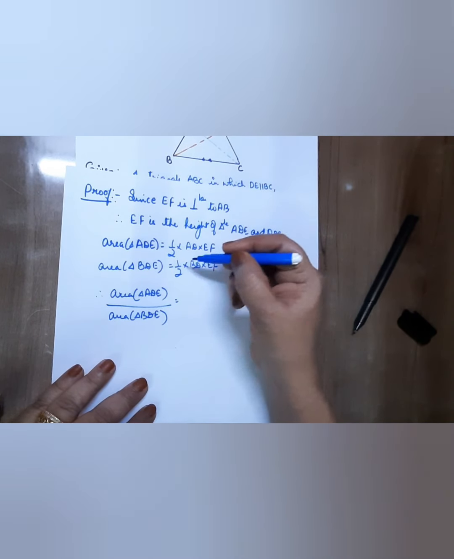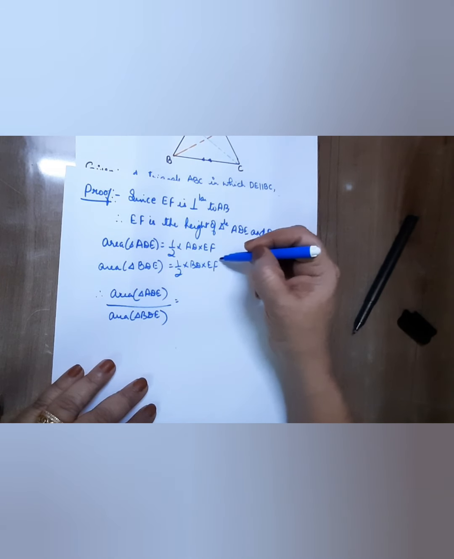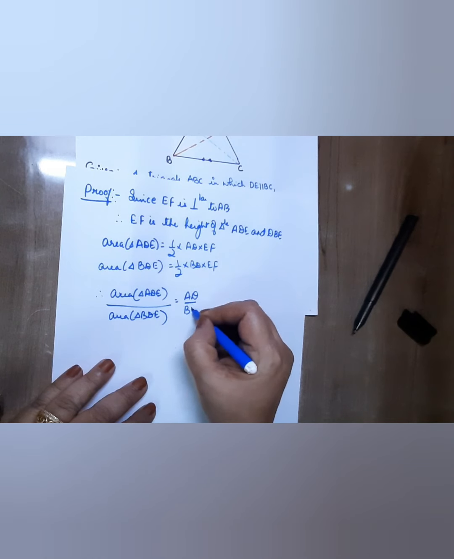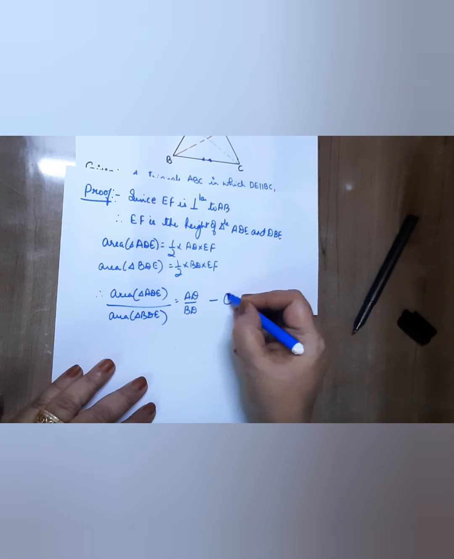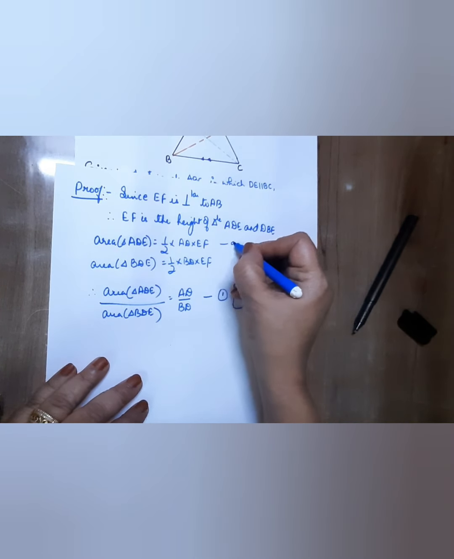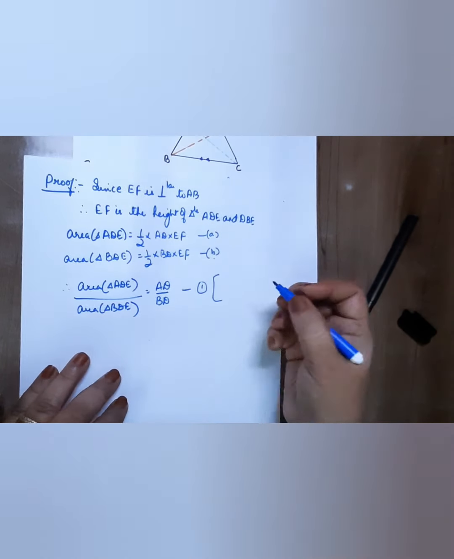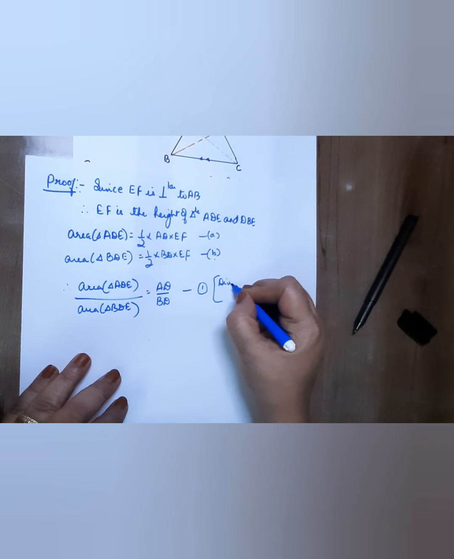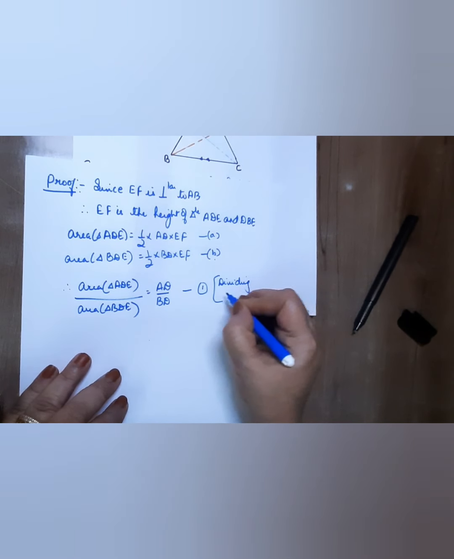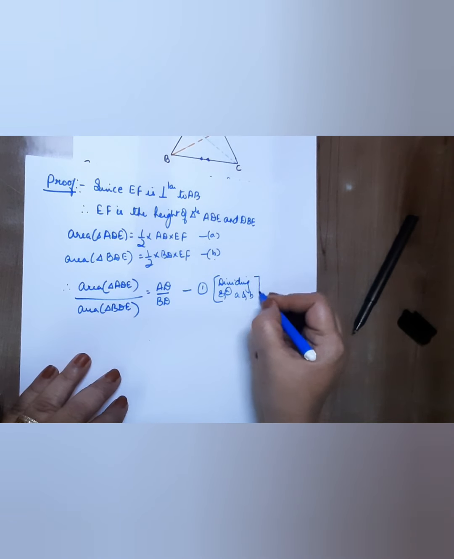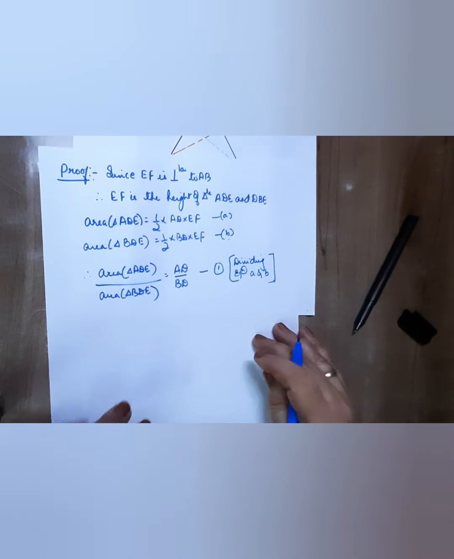Half and half get cancelled, EF and EF get cancelled, we get only AD divided by BD. Let us make this equation A and equation B for reference, dividing equation A and B. So this is the first part we have done.